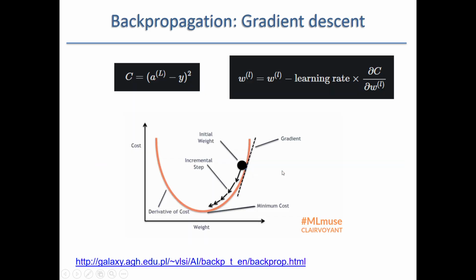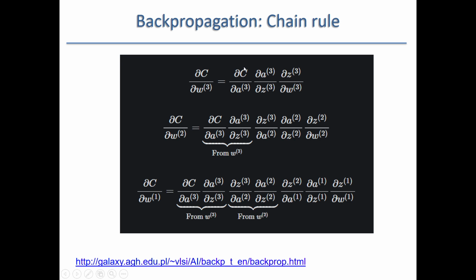So we have to undo that process. So first we compute the derivative of C with respect to A, and then of A with respect to Z. This is the nonlinear function, and then from Z with respect to W, and this is the linear part of the function.